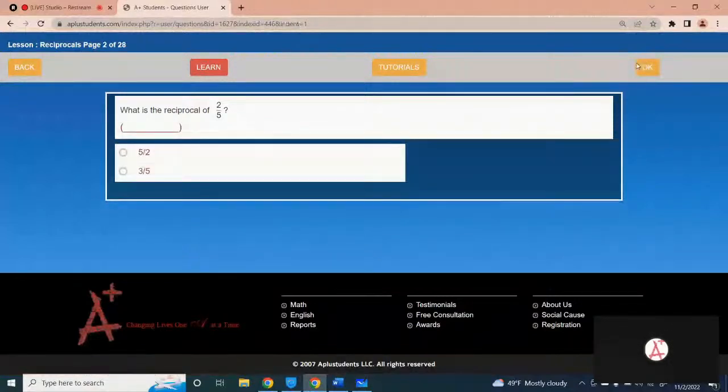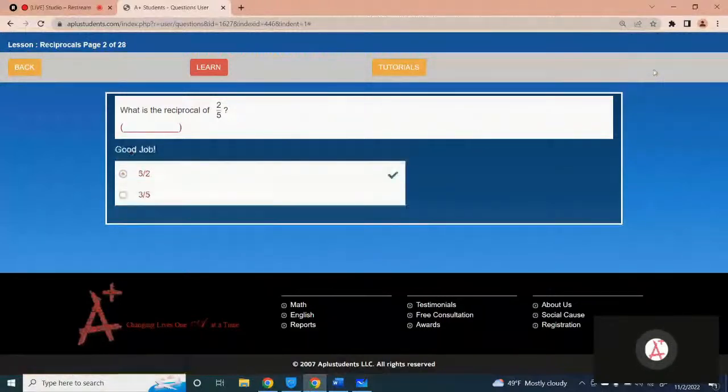Okay, what is the reciprocal of 2 by 5? It would be 5 over 2. Got it? So just select the correct option and click on the OK button.